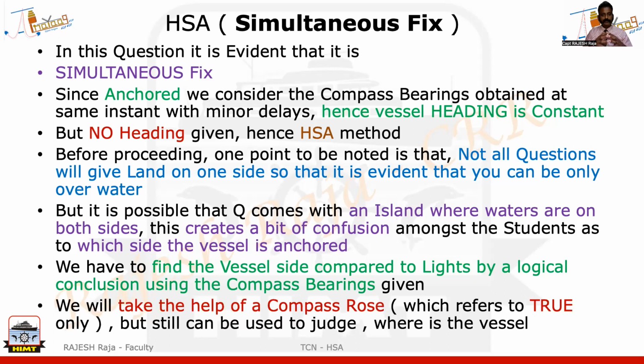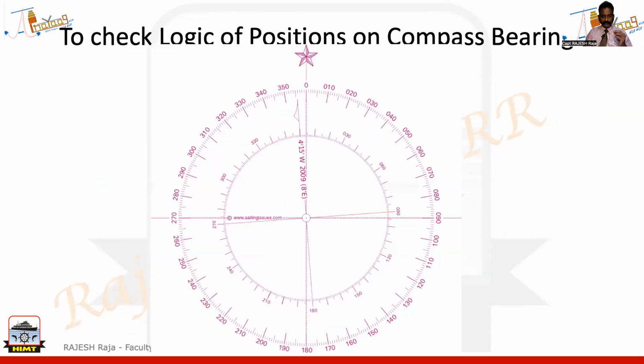I'm going to use the compass rose as a reference mark to decide whether I am south of the 2 lighthouses or north. It could be west, east, whatever it is. I'm just comparing the 2 lighthouses. In this particular question, you can see everything is south. Even though the compass rose talks about true, I can still use it.